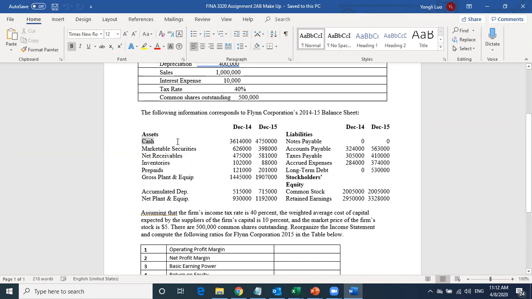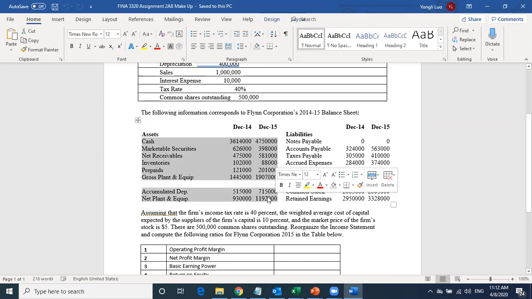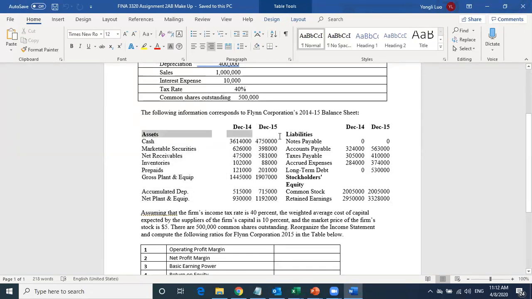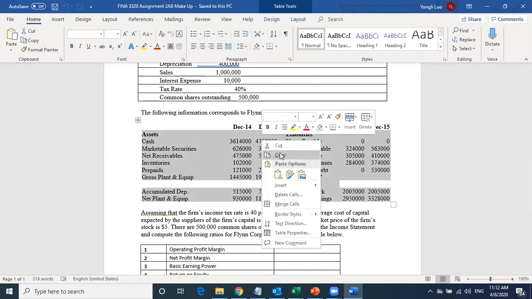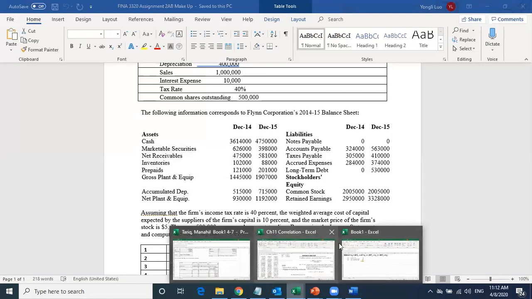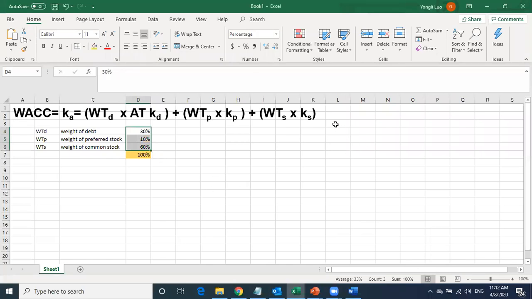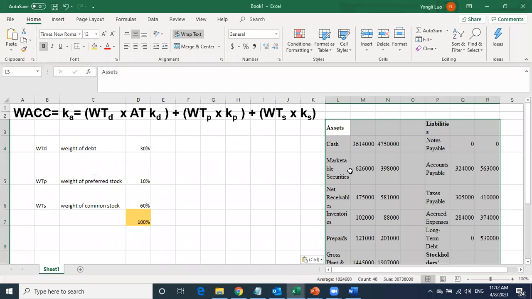That's your total asset, including your current asset and fixed asset. I want you to have a general idea how to get the weight of each type of asset.